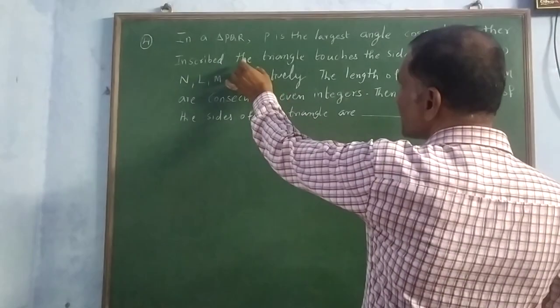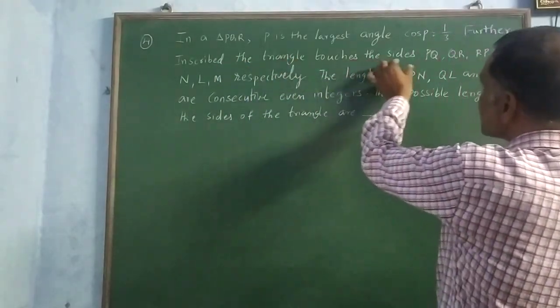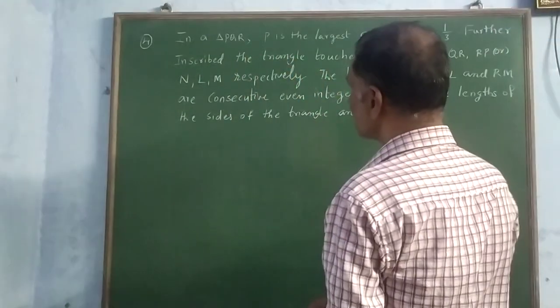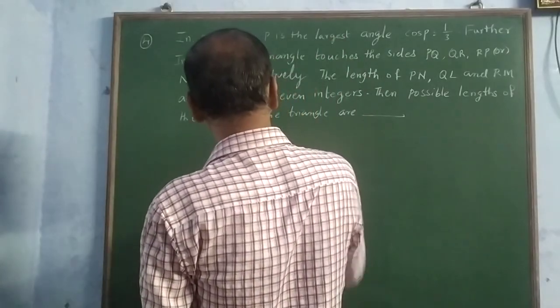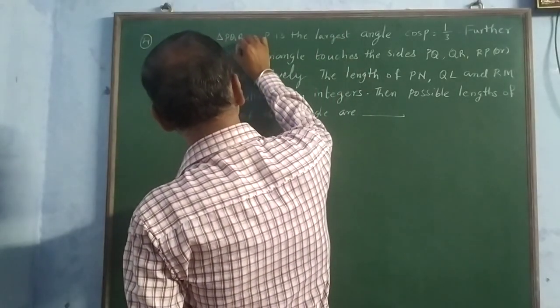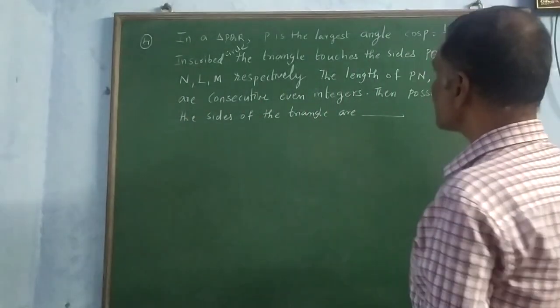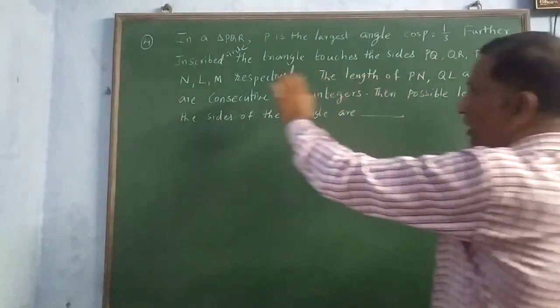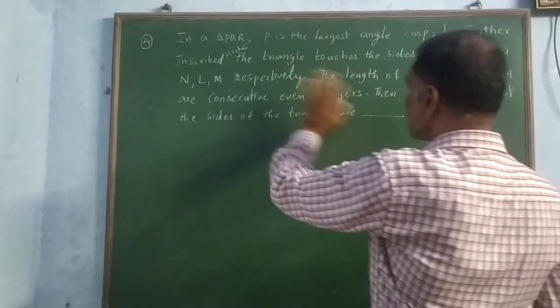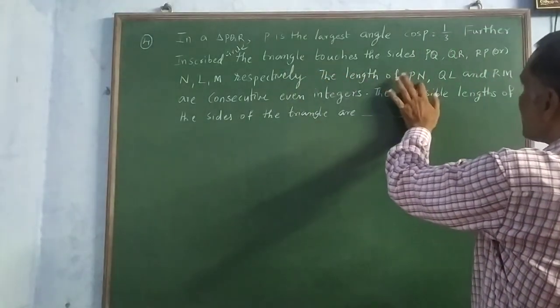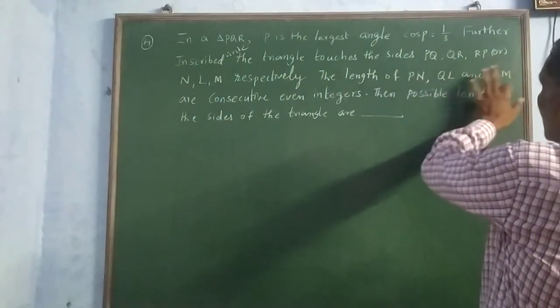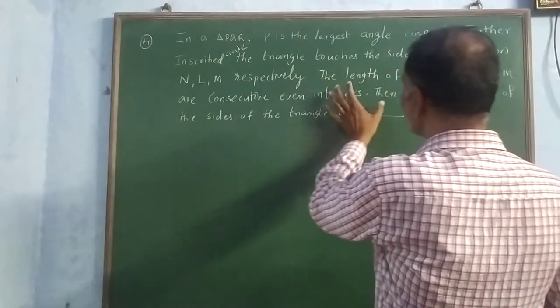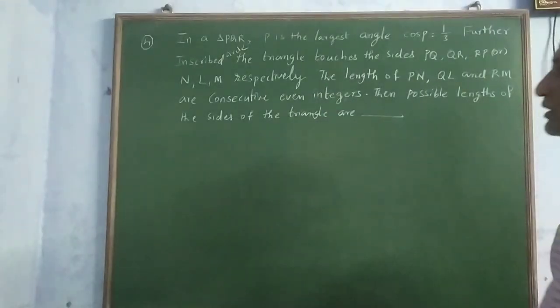Further, the inscribed circle of the triangle touches the sides PQ, QR, RP at N, L, M respectively. Then the lengths of PN, QL, RM are consecutive even integers. Then the possible lengths of the sides of the triangle are.